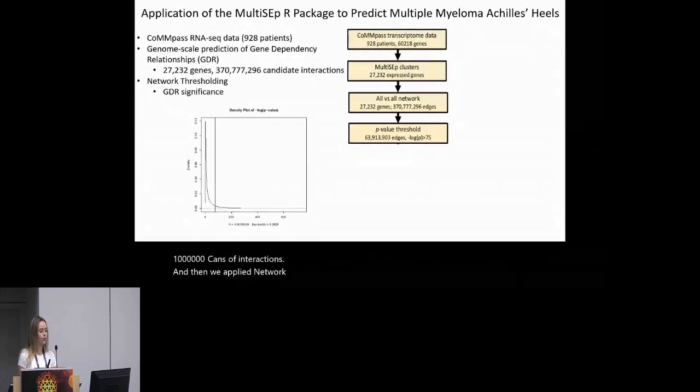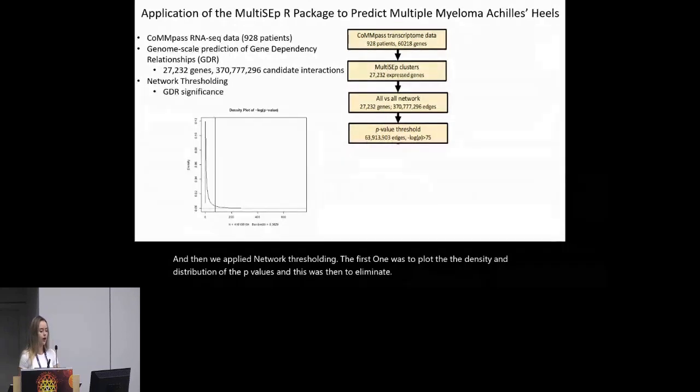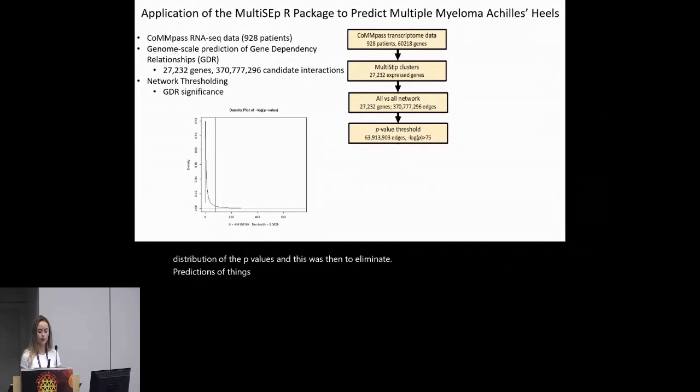The first one was to plot the density distribution of the p-values. And this was then to eliminate predictions of things that we thought were not predicted to be synthetic lethal. And this also eliminated quite a lot of candidate interactions.